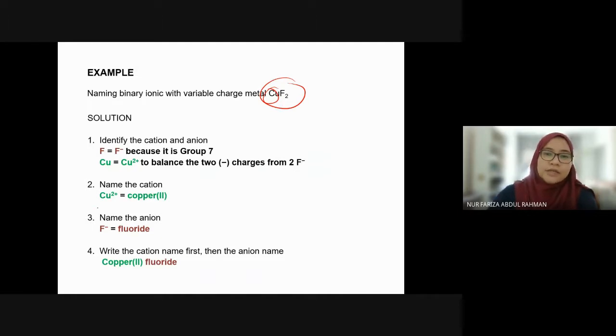Name the cation: the cation is copper 2+, and F is F minus. You should bear in mind that copper is a transition metal. Somehow students just forget, they know it but they just forget. So copper should be copper(II), and then fluoride is the anion. When we combine these two, it becomes copper(II) fluoride.